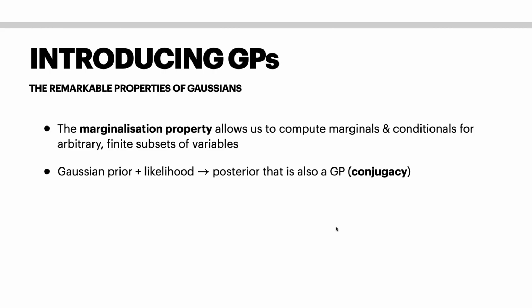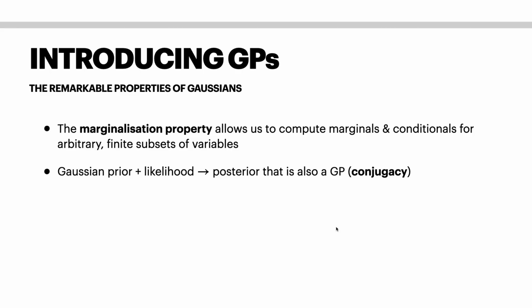It also turns out, thanks to something called the conjugate property of Gaussians, that if you use a GP as a prior distribution over functions and combine that with some data and a Gaussian likelihood, you'll end up with a posterior distribution that is also a GP.